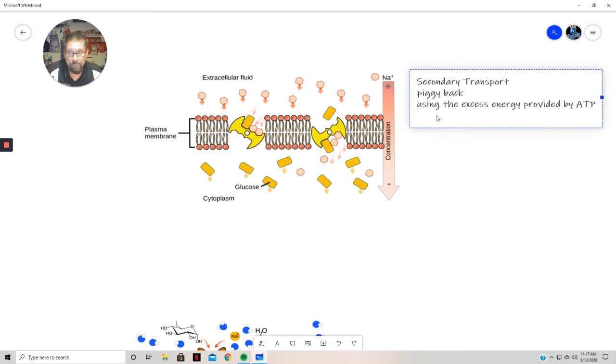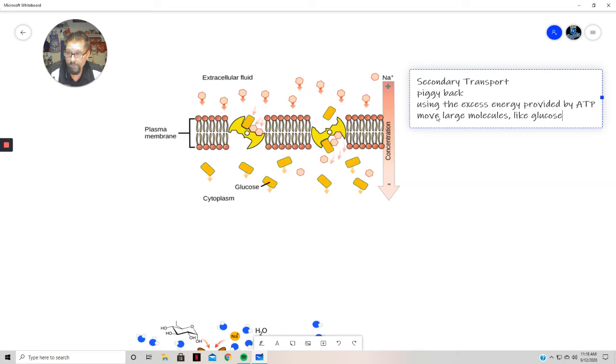And what we're looking to do is move large molecules like glucose into the cell.